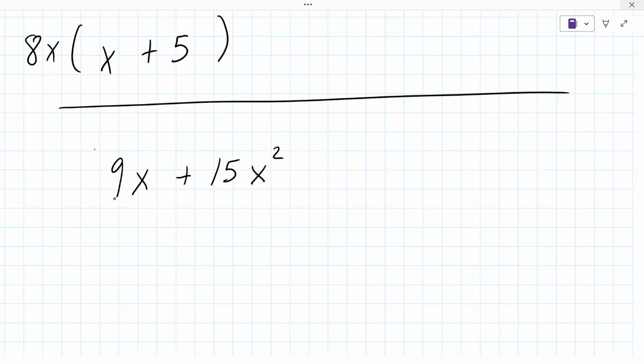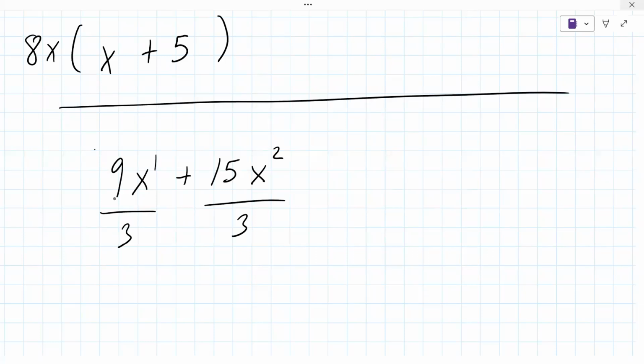Same process though. You look at the two numbers, 9 and 15, and decide what is common between them. What goes into both? Wouldn't it be 3? Yes, 3 goes into both.